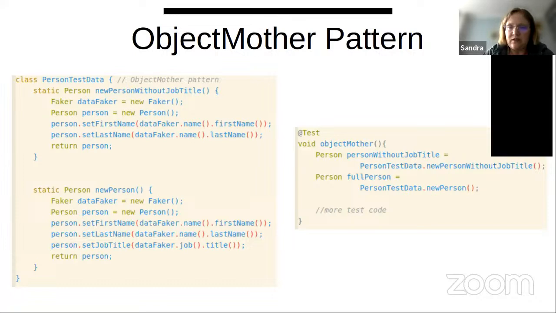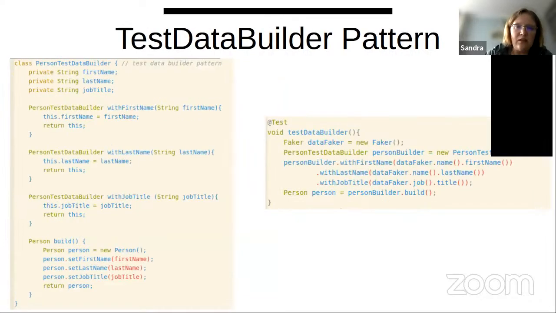The next one is that maybe I always need a new person, but I have to change the title because of some edge cases in my test. So I can use the TestDataBuilder pattern, you know it from the common builder pattern.